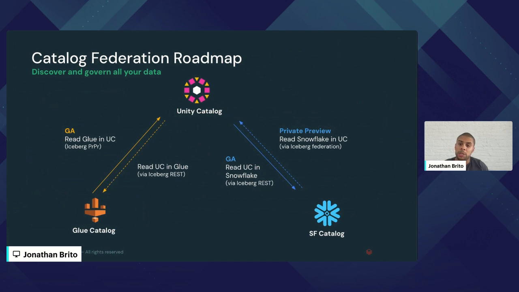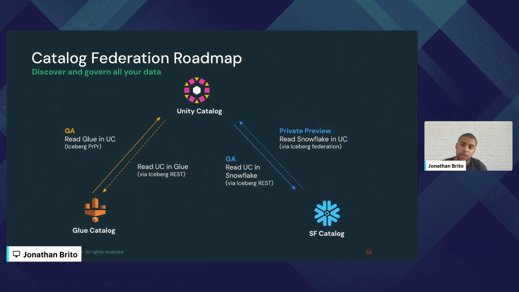In terms of federation, this is really the path that we've seen evolve in the ecosystem, in which we're starting to see this bidirectional federation amongst catalogs. So pictured here is Unity Catalog, Snowflake Horizon Catalog, as well as Glue Catalog. And what you're seeing is this ability to federate in both directions.